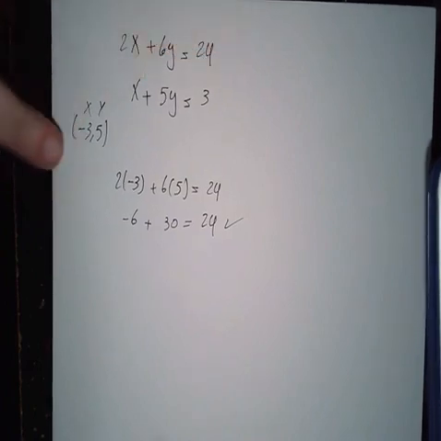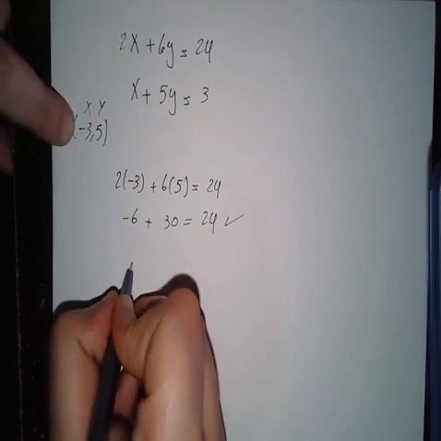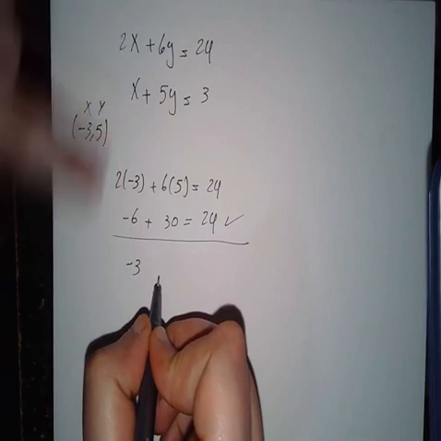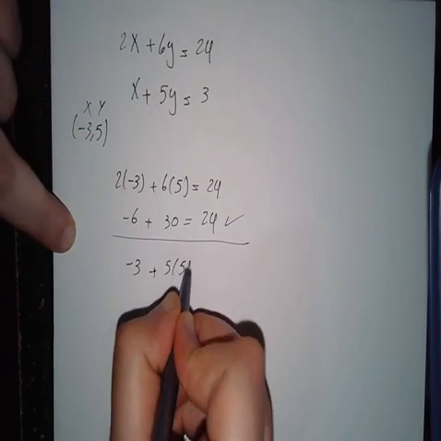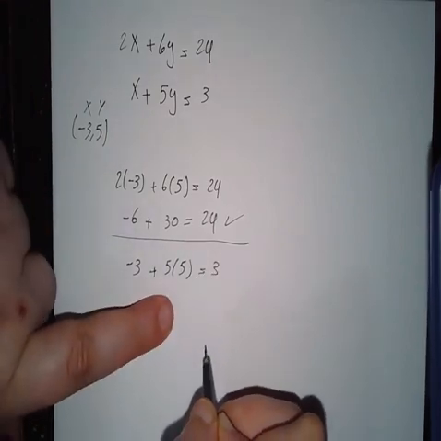Okay. So what about the second one? Plug in the -3 plus 5 times the other 5 equals 3. Okay. So 5 times 5 is what? 25, correct?